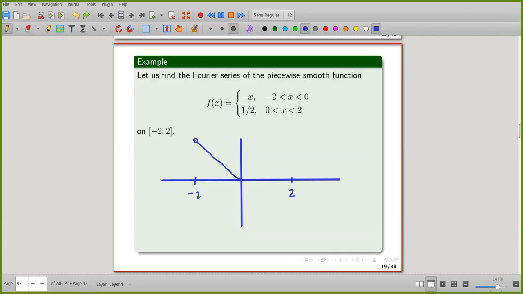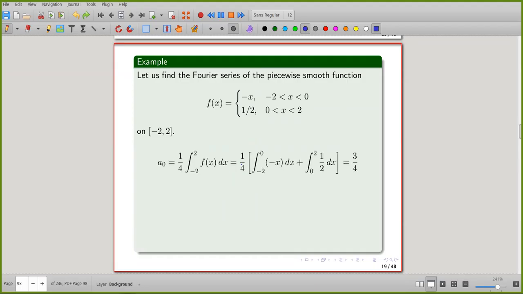So let's say this is 2 and this is 1 and this is half. So it's going to be a straight line at half. So we have this function and we are going to try and find the Fourier series of this function.